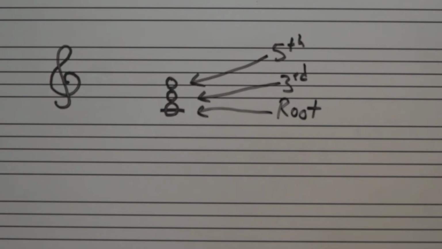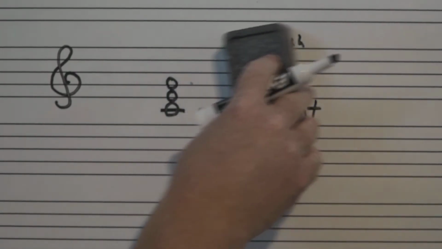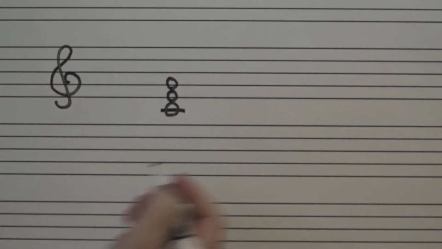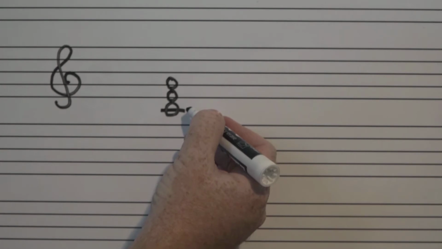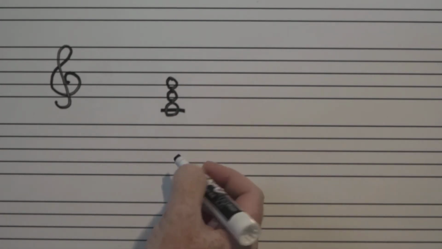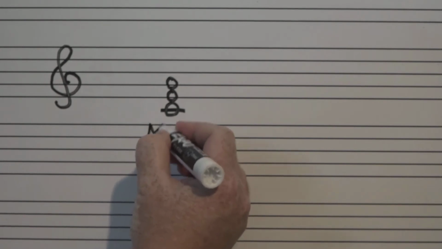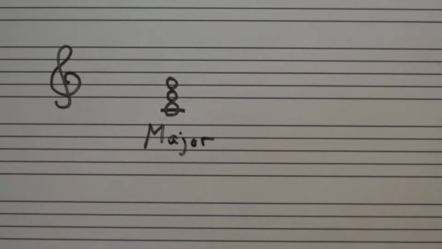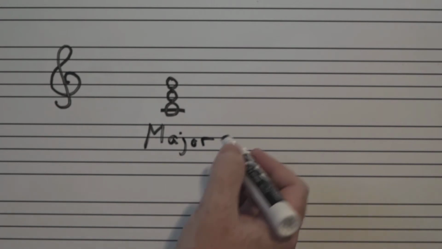We have four types of triads. And again, we're just going to start with the major scale. We take the root and we go up to scale degree 3 and scale degree 5 and create a major triad. Let's analyze that a little bit further now that you know your intervals.